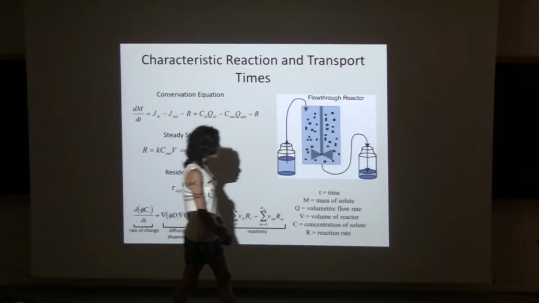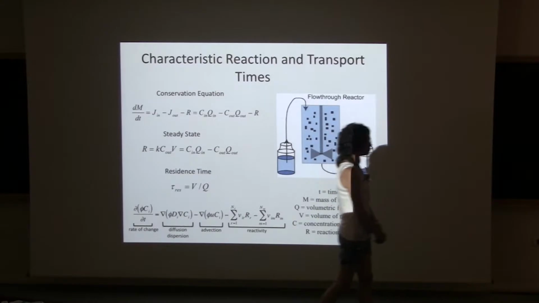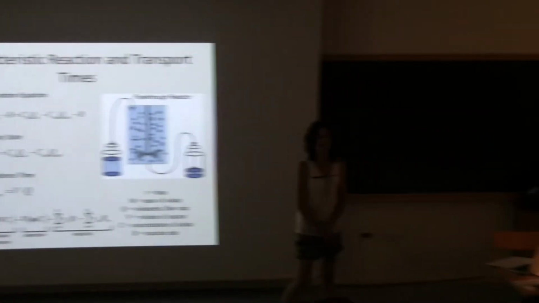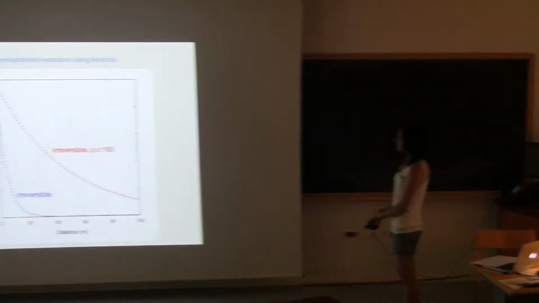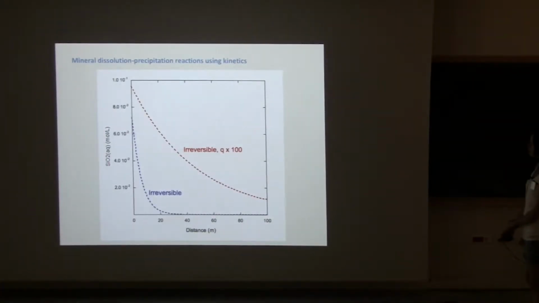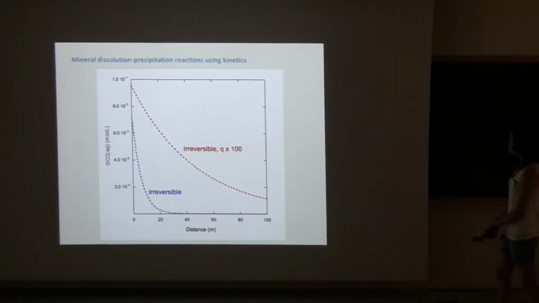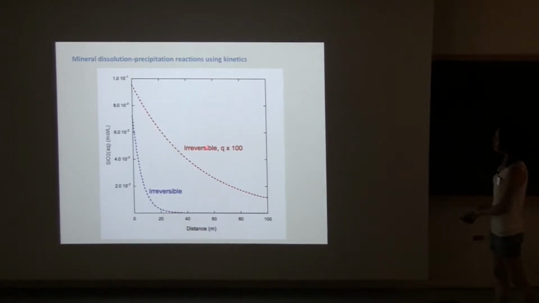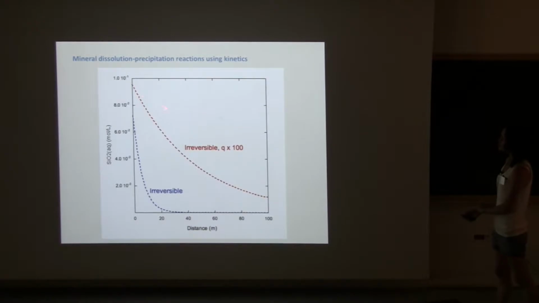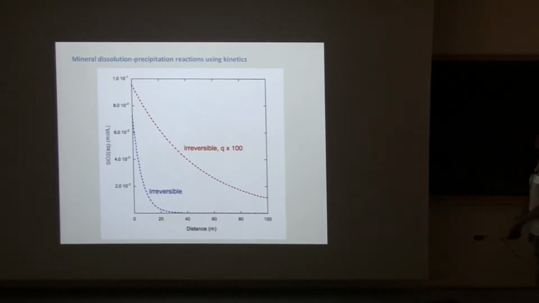So what this means when we go out into the real world and start thinking about changes in space is that if you are looking, for example, with distance along some flow path, then the balance between how fast that fluid is moving versus how quickly it's reacting impacts the rate of change of concentration of that reactant across space, right?